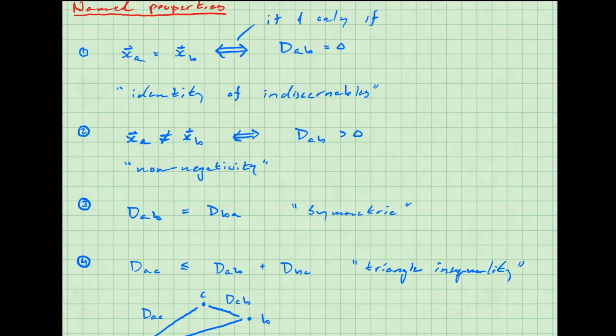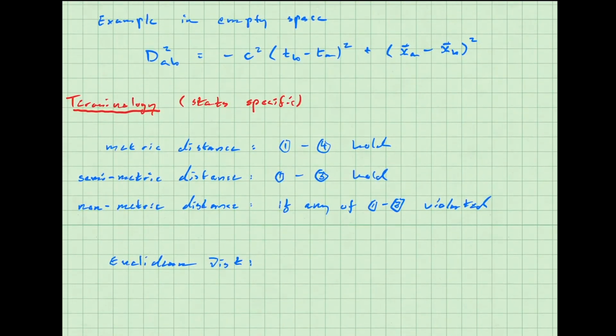You have to stare at them for a while. Certainly 1 and 2, definitely, and 3, and 4. You can see it must be true because we are drawing it on a flat surface where we normally use Euclidean geometry. So this obeys all 4, and it's called a metric distance. And the other one I wanted to mention is the travel time.